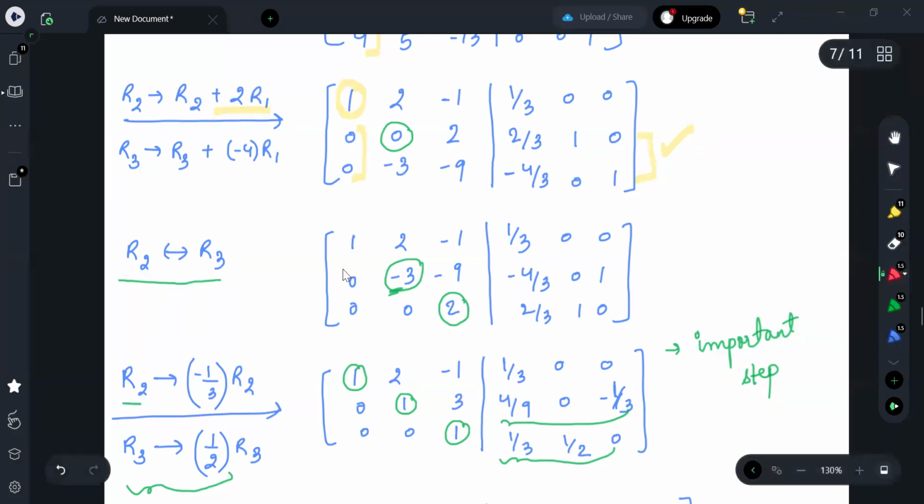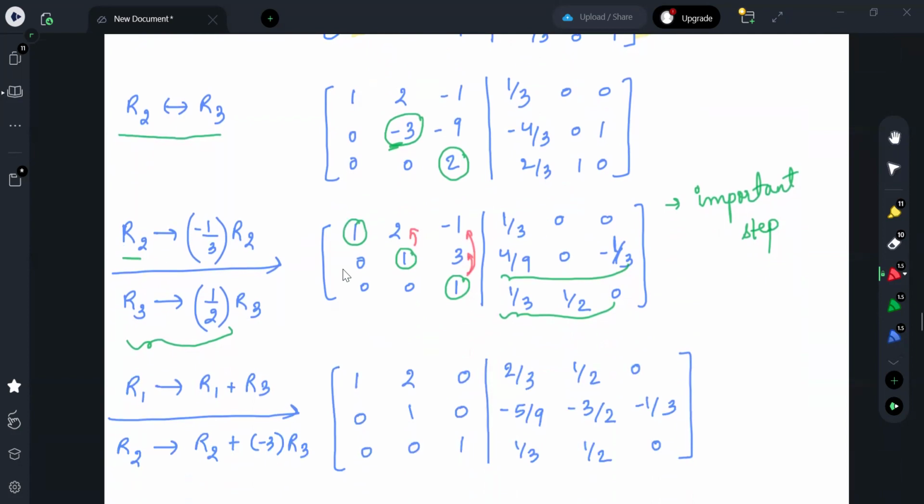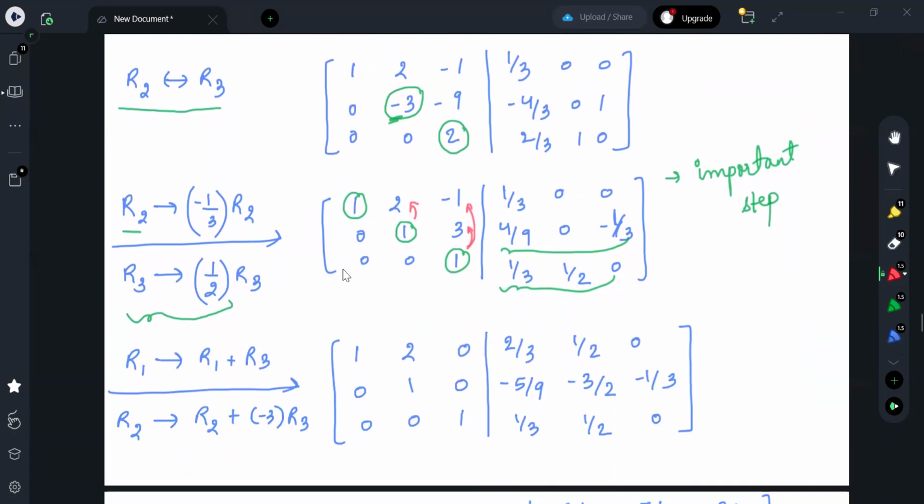Now, the last steps: I need to make the entry above this one a 0, and I have to make these 2 entries zeros. There's no right order of steps here. It's up to you which entry you want to make 0 first.